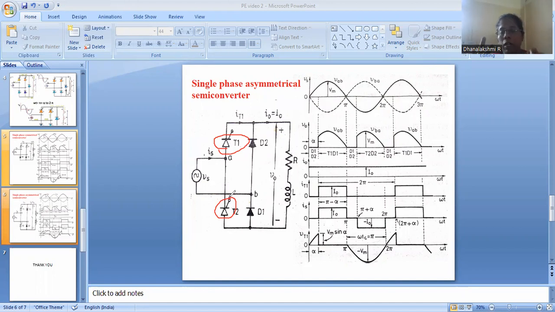So in the symmetrical configuration, the legs are symmetrical, each carrying one thyristor and one diode. Whereas in the asymmetrical converter, one leg will be conducting both the thyristors and the other leg will be conducting both diodes, which makes the legs asymmetrical. That's why we call this configuration asymmetrical.